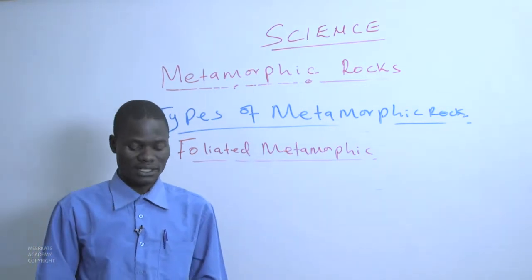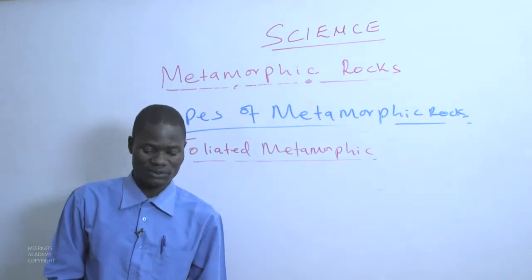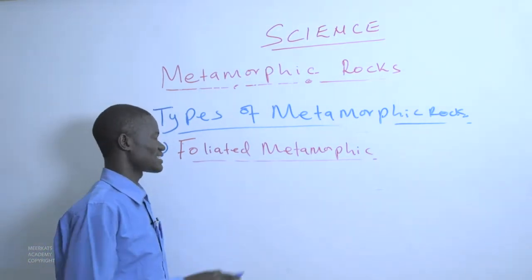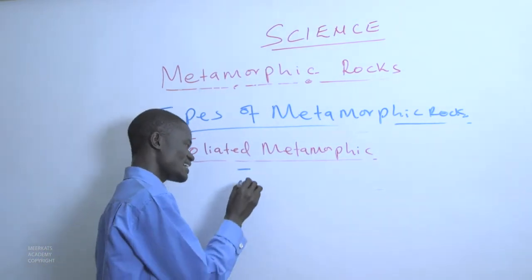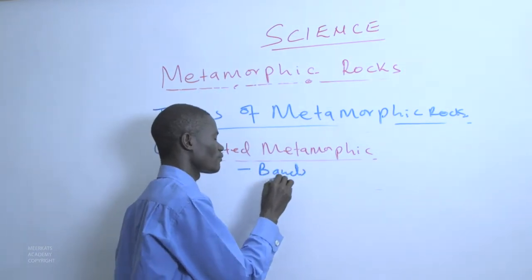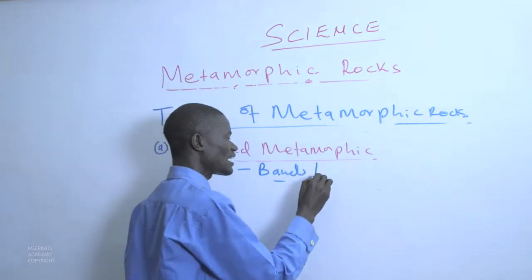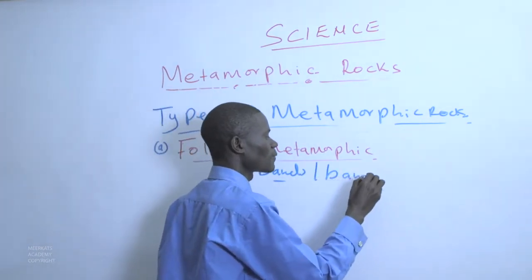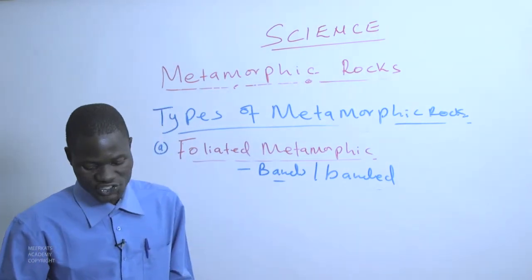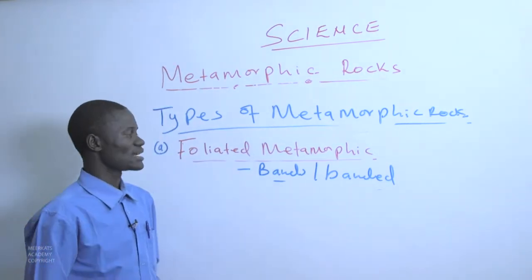These are the rocks which have already been laid down in strata, but they have unique characteristics. Their strata is found in bands, or they are banded as a result of their formation. That is unique in their appearance.